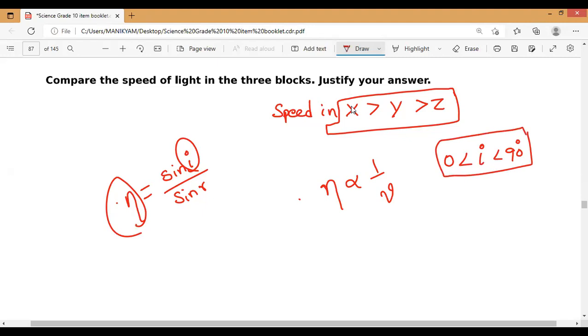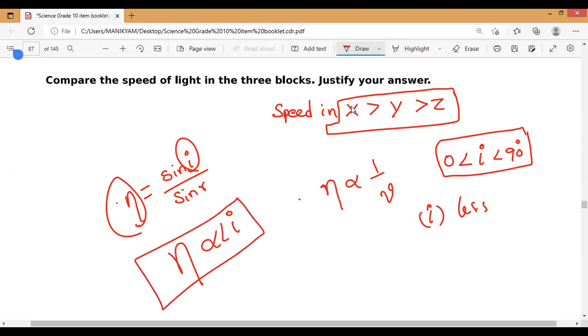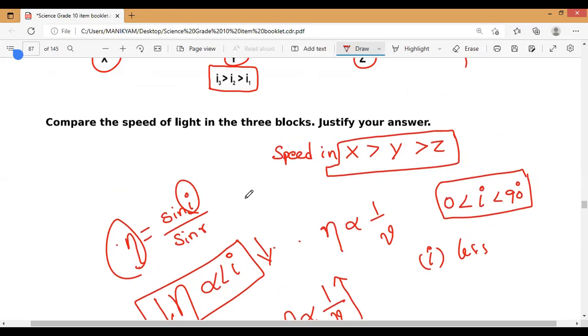Now, if the angle of incidence is less, the refractive index is also less, because the refractive index is directly proportional to the angle of incidence. Now, if the refractive index is less, then what about the speed? Speed is more, since it is inversely proportional. So speed is maximum. Now tell me, in which medium is the speed greater?